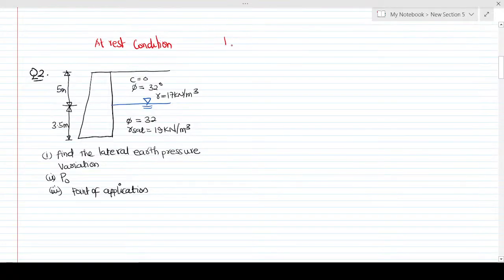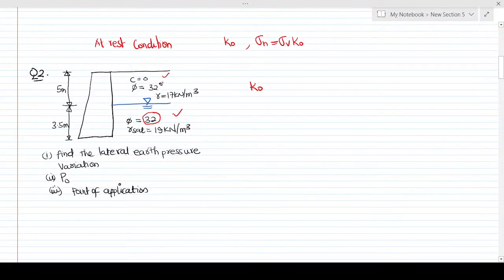So at first, what do you need? You need K naught, right? So you need your horizontal stress, which is your vertical stress times your K naught. So first of all, let's find K naught. Now the soil here and the soil here are the same. How did you know that they are the same? Because of the angle of friction of the soil, they are the same.